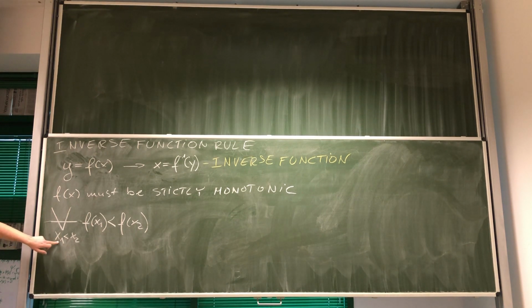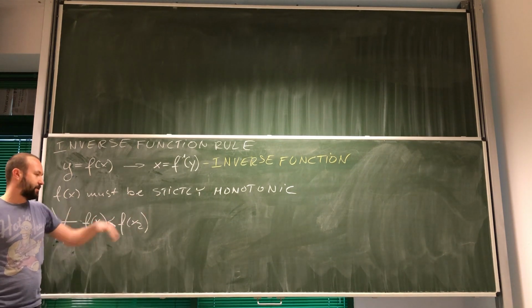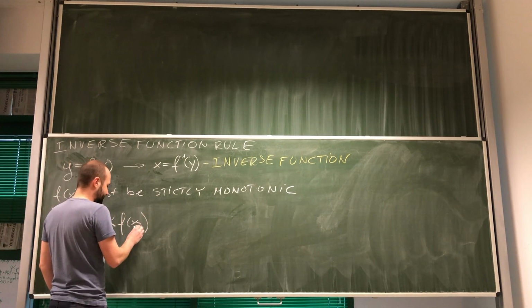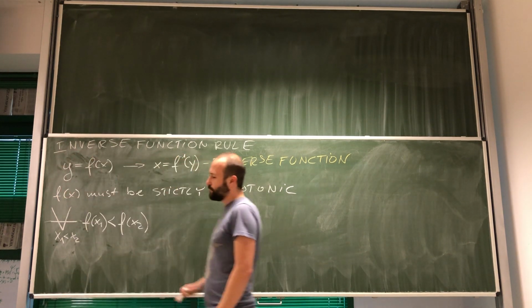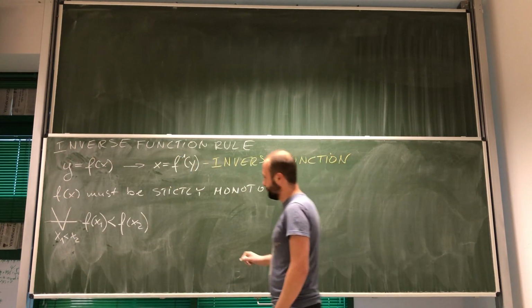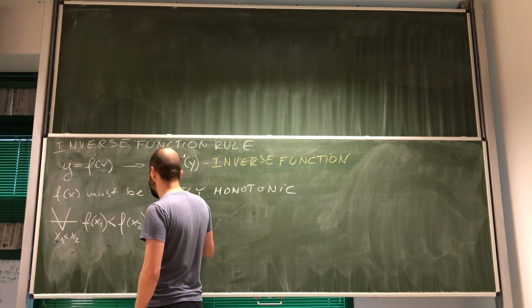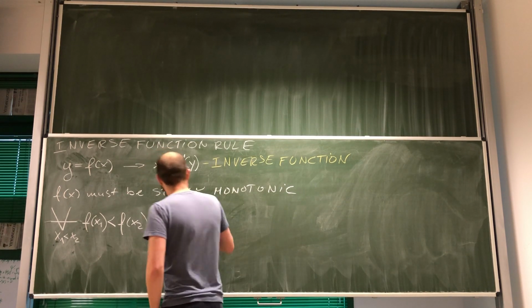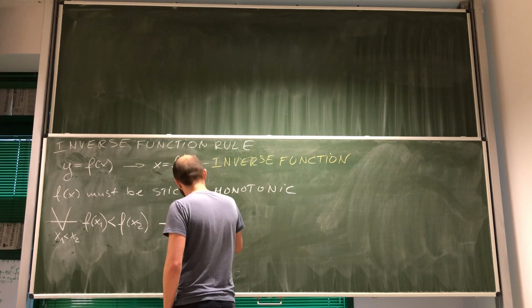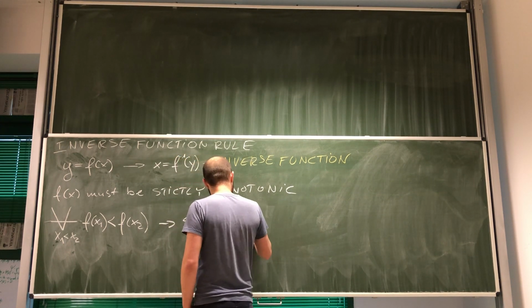Look, it means that as x is getting bigger and bigger, the value of the function is getting bigger and bigger. We call a function that possesses this property strictly increasing.